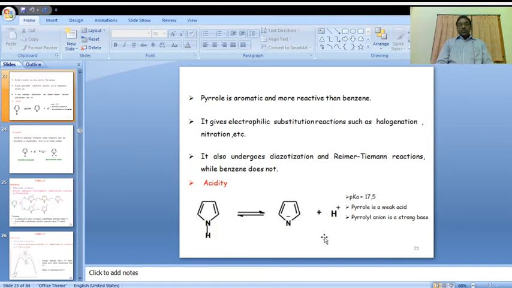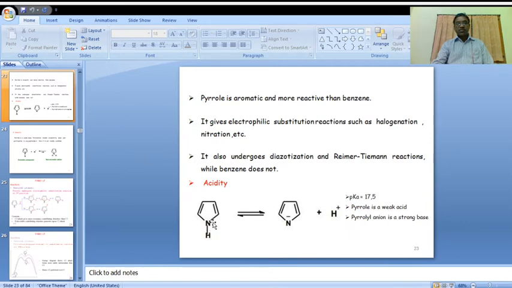Now let us discuss the acidity character of pyrrole. I would like to explain clearly the weak acidic character of pyrrole. In pyrrole, all the carbon atoms and nitrogen undergo sp2 hybridization.